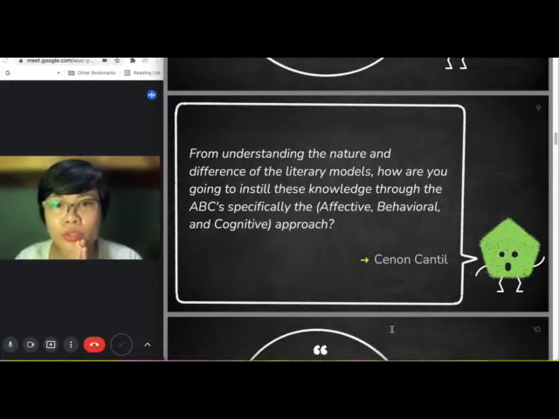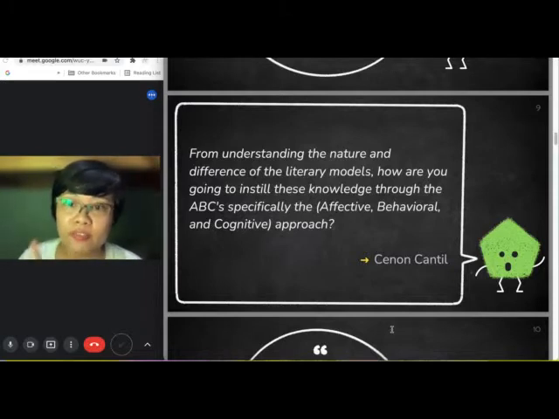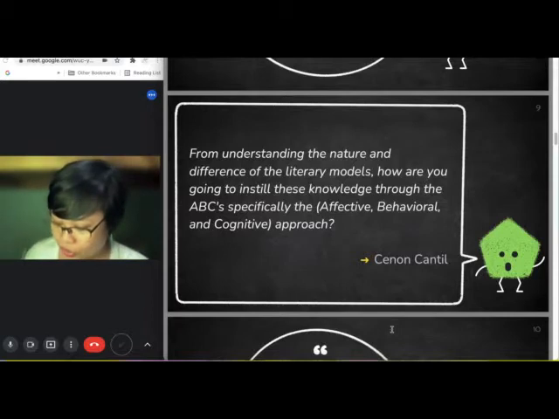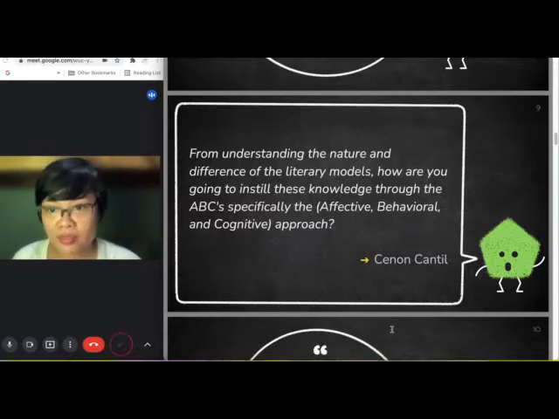All right. So now, how is it related to literary models? How are you going to instill this knowledge through these? Well, you need to think that first. When you teach a particular literary piece, let's follow the ABC. First, affective. You need to think what could be the level of affect that's going to happen within the student. What would you like the student to appreciate?